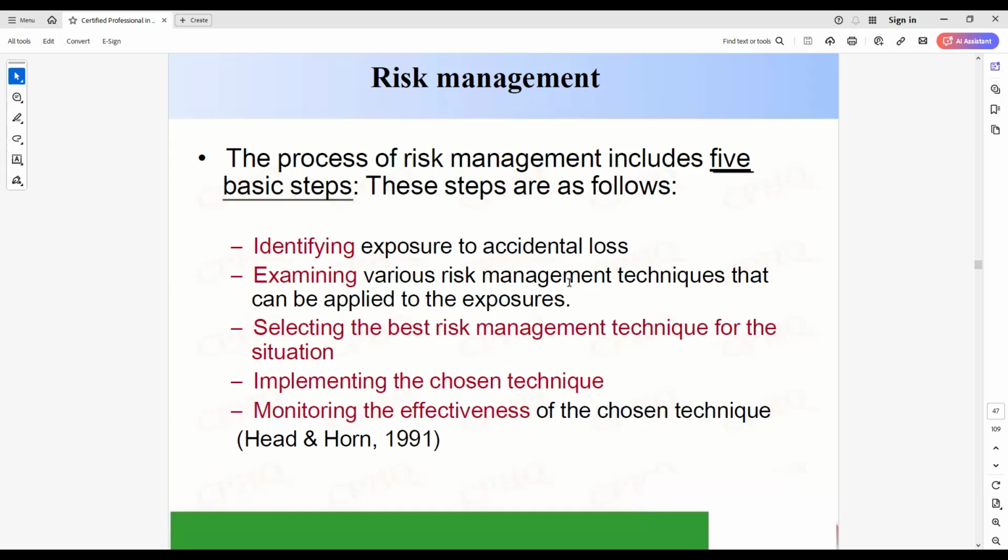Identification is the first step, right? I'm talking about the second step. Then risk estimation, analysis and evaluation. I'm talking here about the step that says identify the risk, examine the various risk management techniques that can be applied.